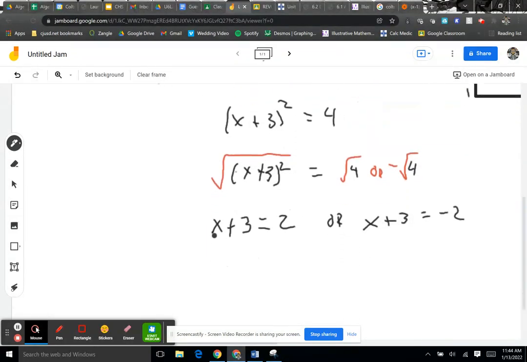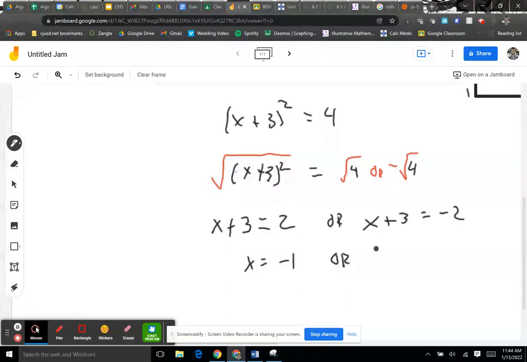And now we're pretty much done. x plus 3 equals 2. Well, what would x have to be equal to here? Well, negative 1. We could subtract 3 from both sides if we wanted, but it should make sense that negative 1 works here because negative 1 plus 3 is 2.